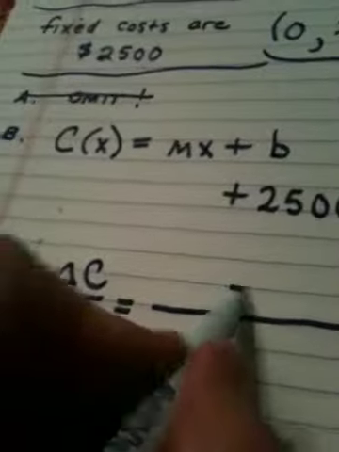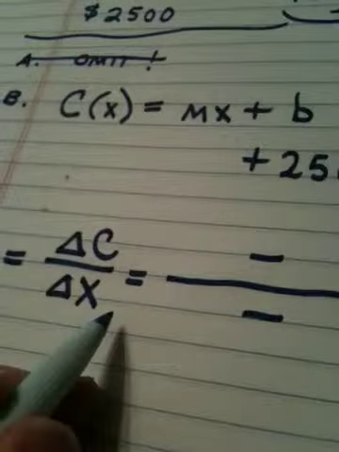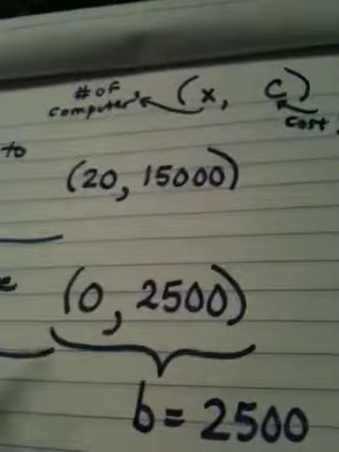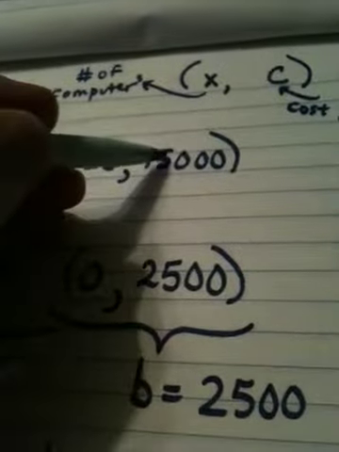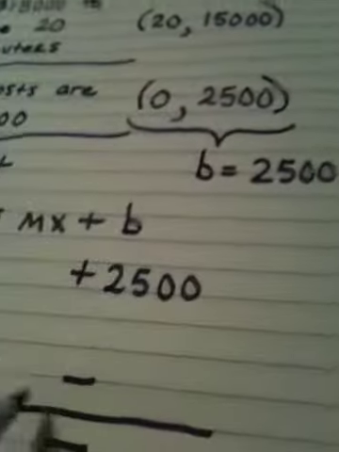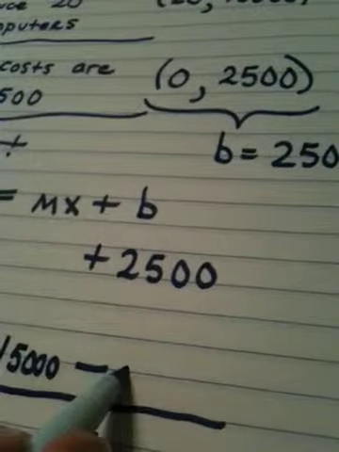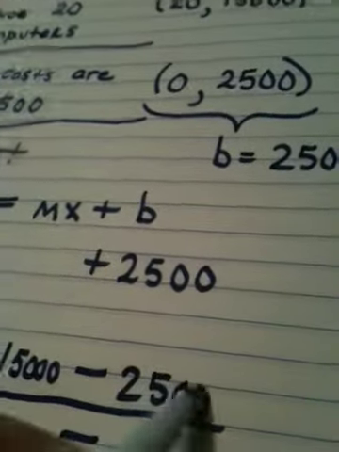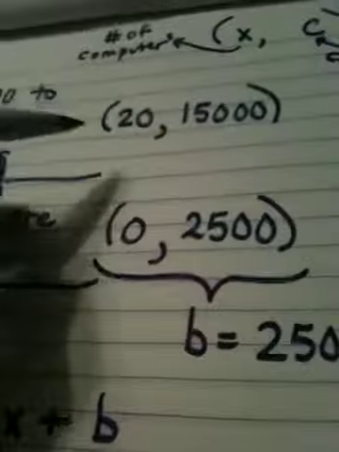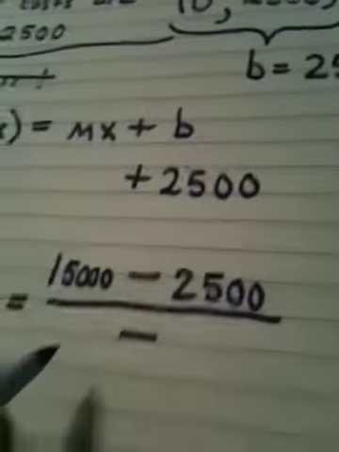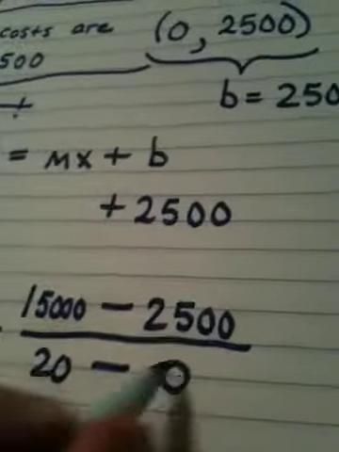To get the change in C, I subtract, and I do the same to get the change in X. Looking up here, I'm going to take 15,000. It doesn't matter which y value I start with, but I'll start with that one. 15,000 minus 2,500, and then 20 minus 0.